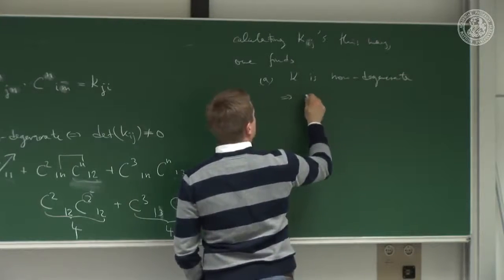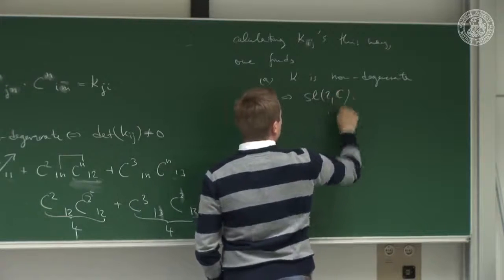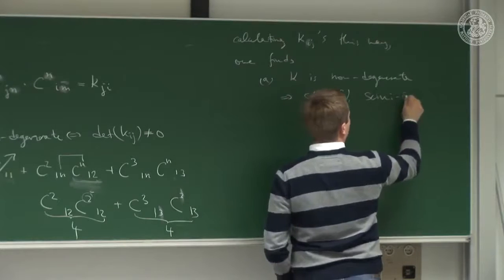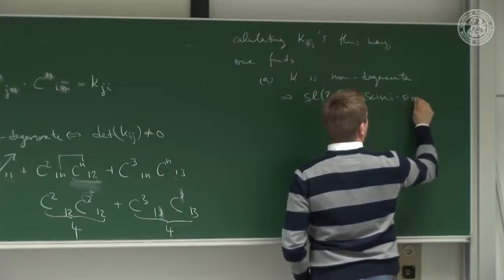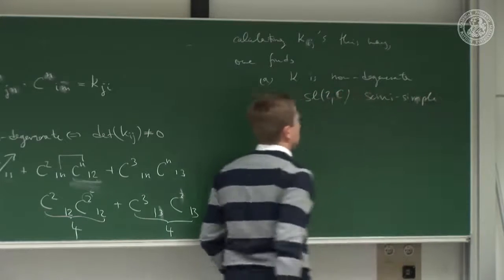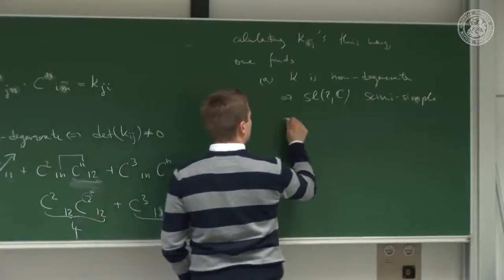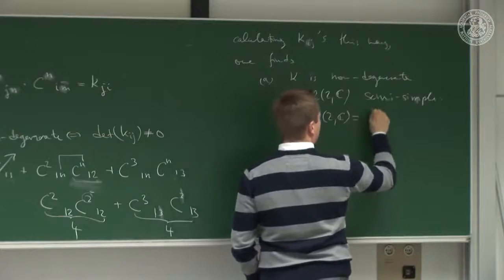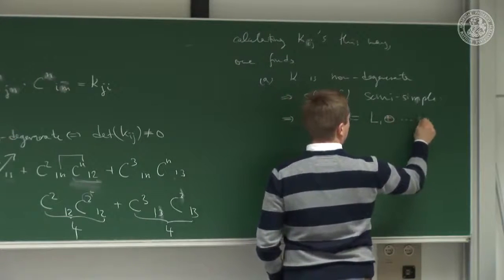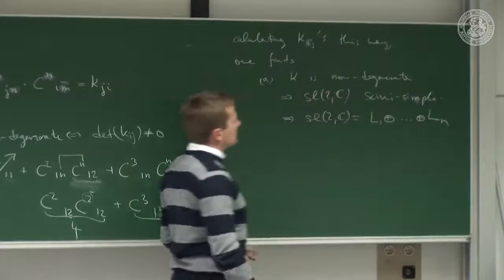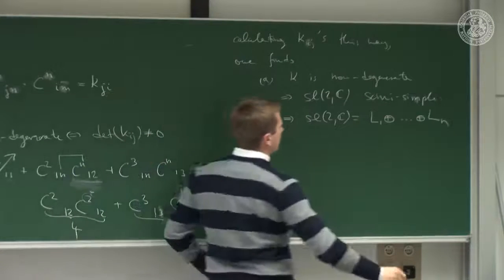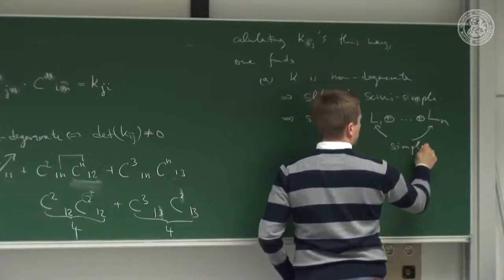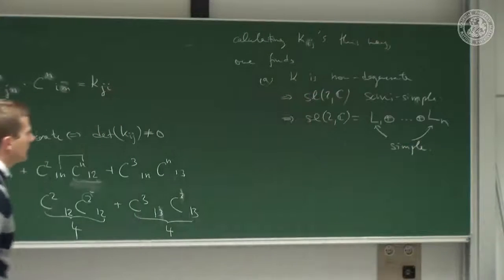That means that the SL2C Lie algebra we're looking at is semi-simple. And I remind you that semi-simplicity implied that SL2C can be written as a finite direct sum of Lie algebras L1 to Ln that are each simple Lie algebras. Okay?